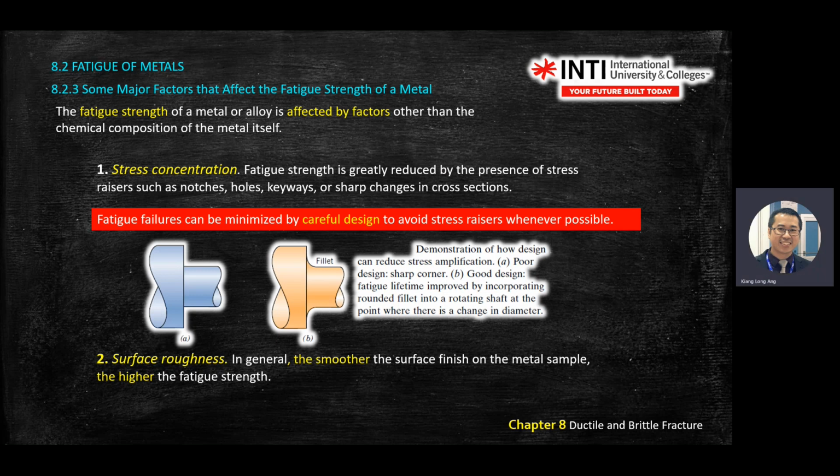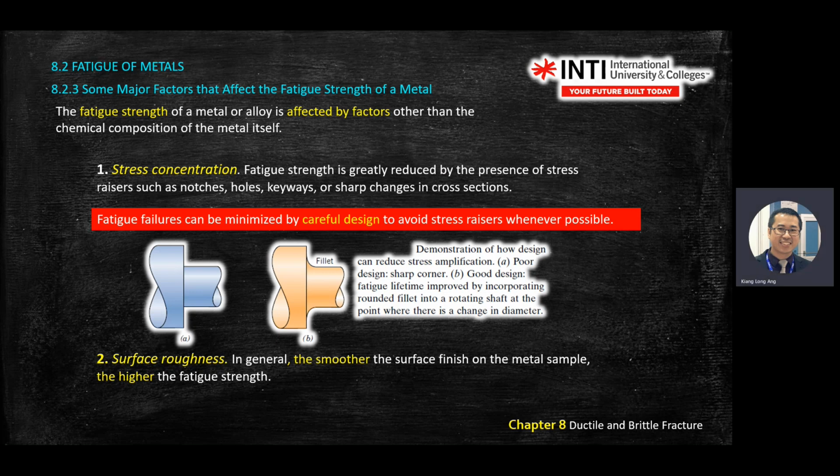So it still supports point number 1. If you have a rough surface, although you don't see it with the naked eye, there are sharp corners here. There's a sharp corner. This is called a stress raiser. In aerospace, we call it a stress raiser that creates micro cracks.